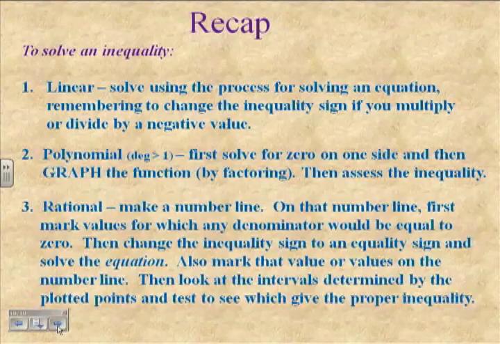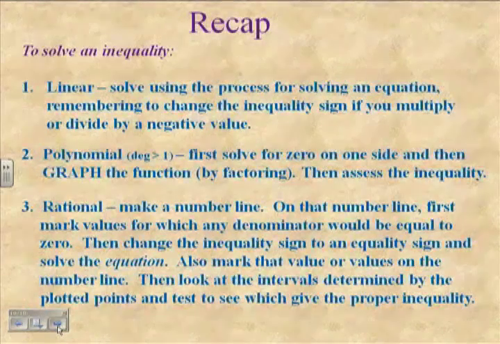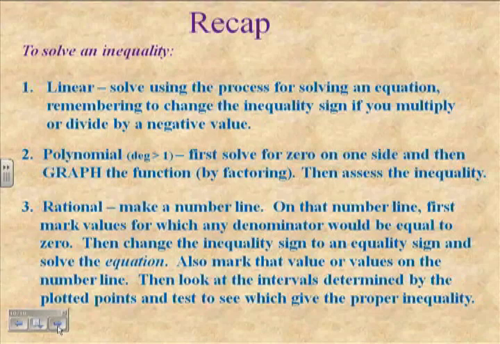And then the third one is the rationals. And I don't think they're any harder, it just looks like my directions are longer. I said just work on a number line, not the whole graph. On that number line, first mark off anything that's going to make your denominator equal to 0, because that's where those asymptotes would be hitting, and you know that the curve often jumps around at asymptotes.